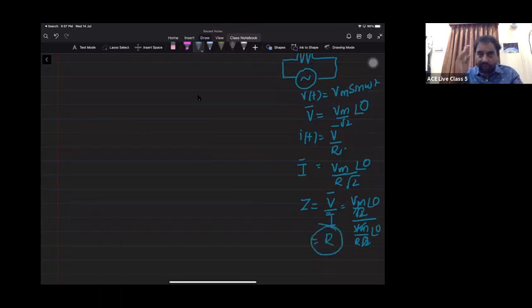So the basic definition of impedance is the ratio of voltage phasor to current phasor. Whenever you use impedances to calculate current, the voltage should be a phase voltage, and then the obtained current will be the phase current.